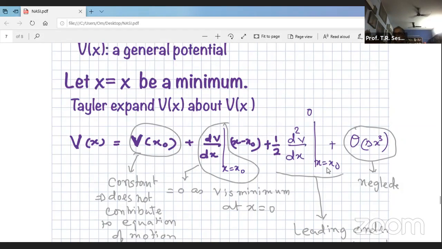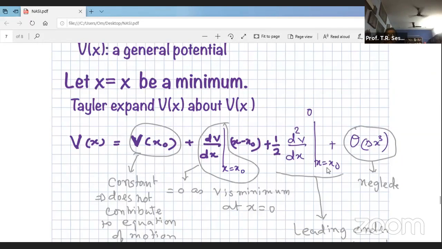So this is my Taylor expansion, and now let us look at term by term what they are. The first term is the value of V at x0, which is a constant value. Since equations of motion involve only the gradient of the potential, an additive constant in the potential does not matter to me.